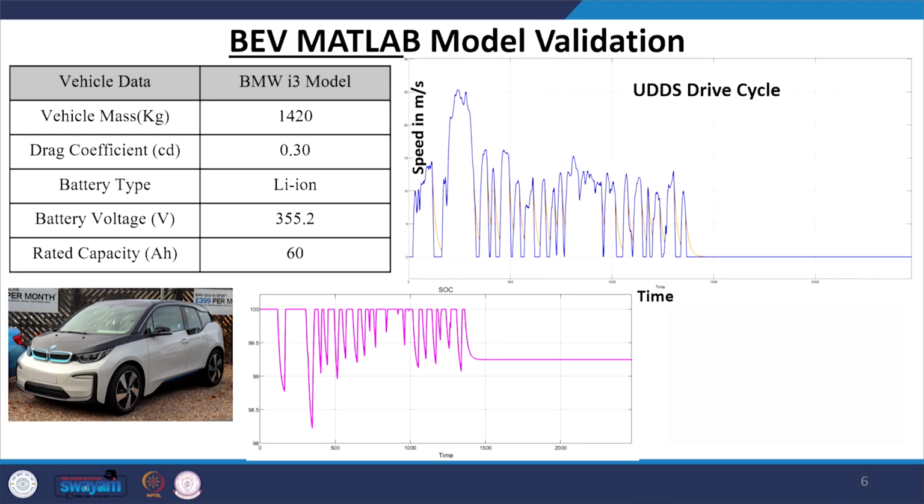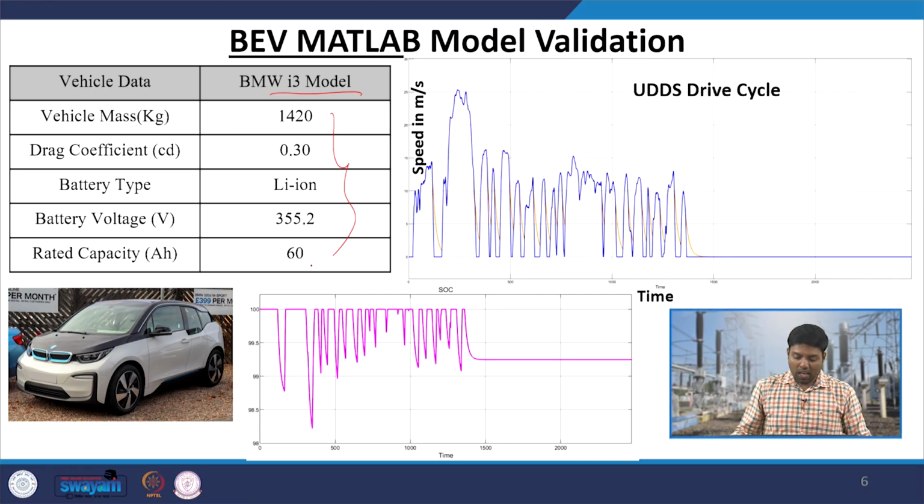If you simulate this battery model in MATLAB with the BMW i3 model specifications listed here, and this UDDS driving cycle, which normally looks like this, then you can see the model mostly follows the driving cycle, and the SOC level keeps changing if you give the provision for regenerative braking.